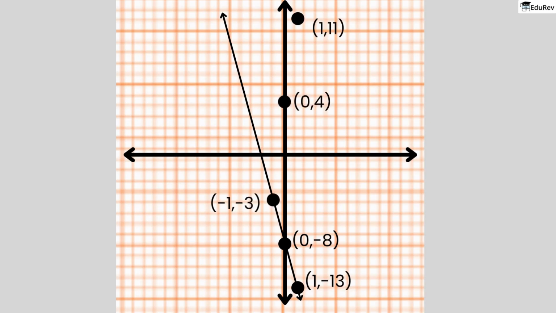We again join all these points and see that they form a straight line. After plotting these lines, we can see that they intersect at a point on the graph. Can you figure out the coordinates of this point? As we can see, the lines intersect at minus 1, minus 3.